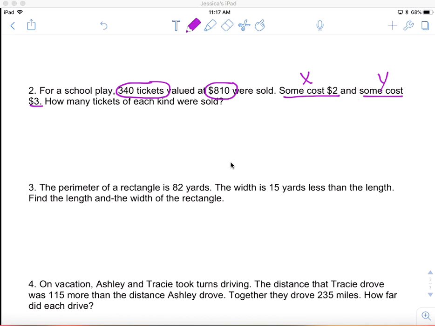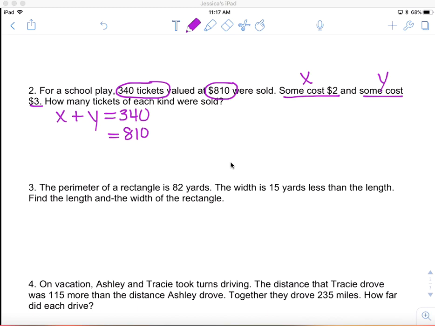So when dealing with tickets, you don't have to include how much money. What I mean by that is the number of tickets, x, plus the number of tickets, y, is going to equal 340 total. Then for my second equation, when I use the money total, that's when I'm going to include how much they're worth.